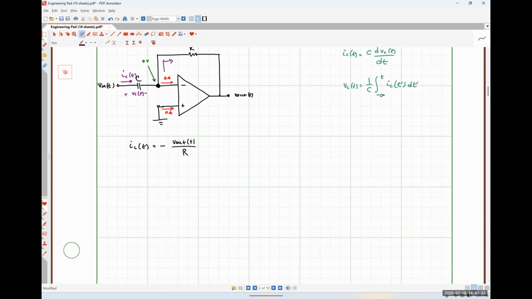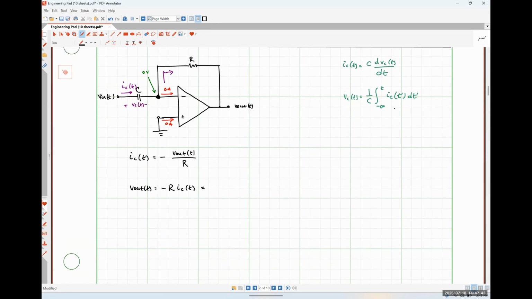Okay, so I'm just going to rearrange things here really quickly. So I'm going to put V out on this side, and I'm going to multiply both sides through by a factor of negative R to get rid of that denominator. So I would have negative R times my capacitor current. Well, if I substitute in my equation for my capacitor current up here, I'll wind up with minus RC times the derivative of the capacitor voltage.